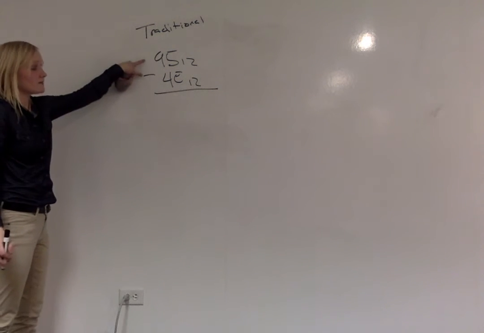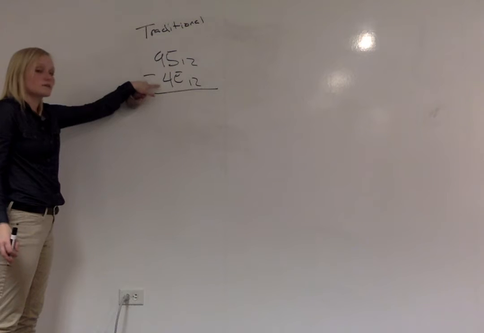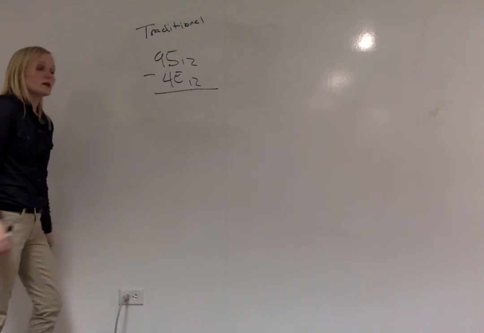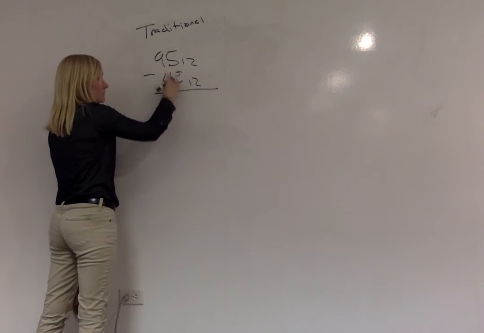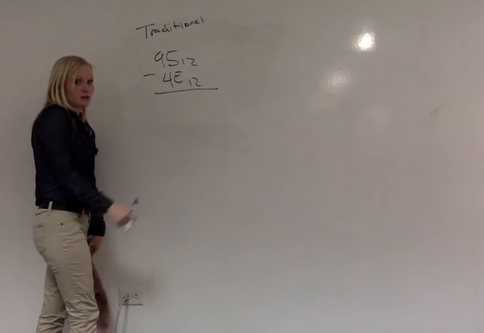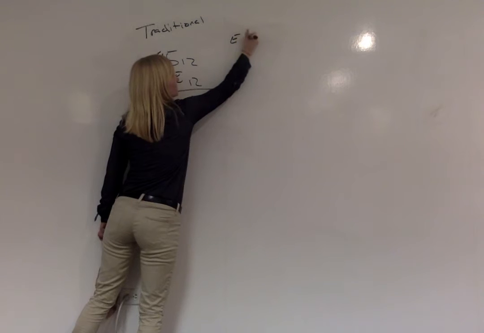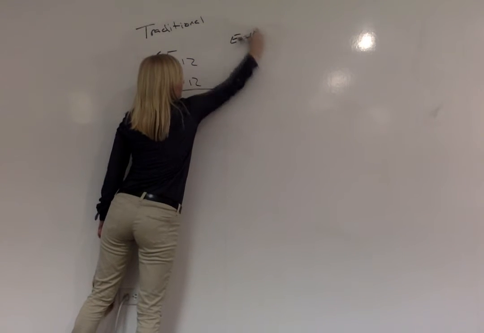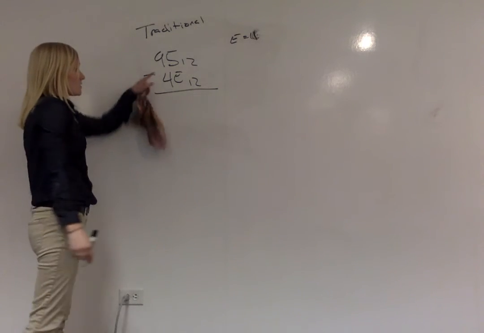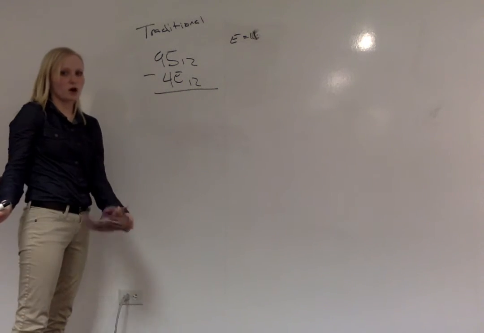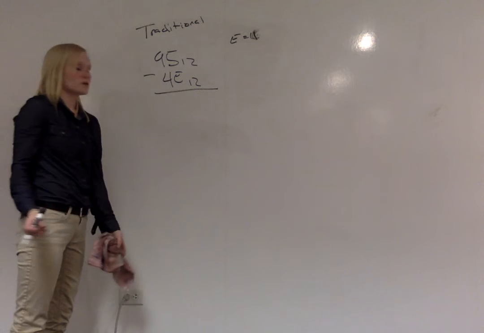If we start with 95 base 12 minus 4e base 12, we start by 5 minus 11. E still equals 11, even in subtraction. So 5 minus 11, that's not possible without getting negative numbers.